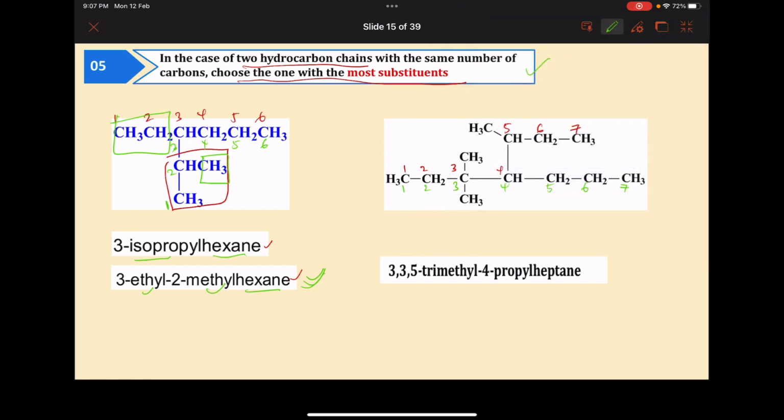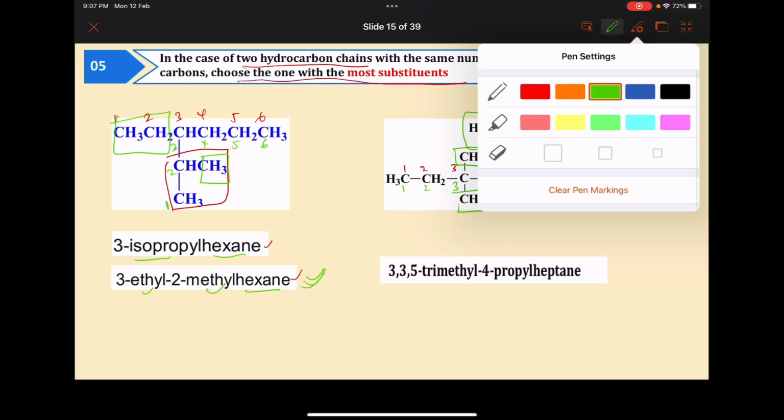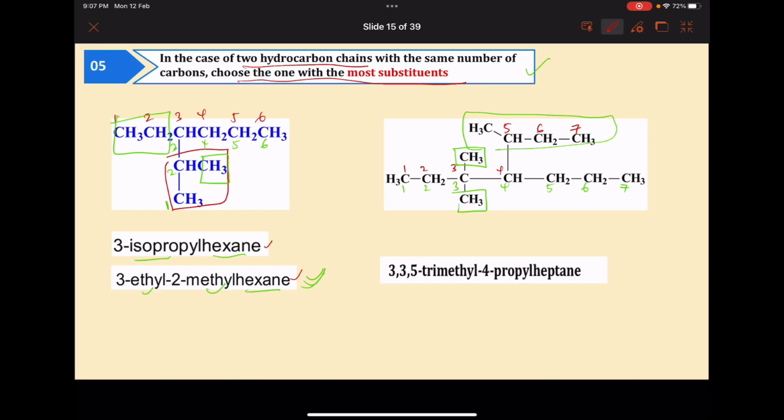If we use the green route, we have 3 substituents. But if we use the red route, we have 4 substituents. So we take the route with the most substituents, which means we take the red route.